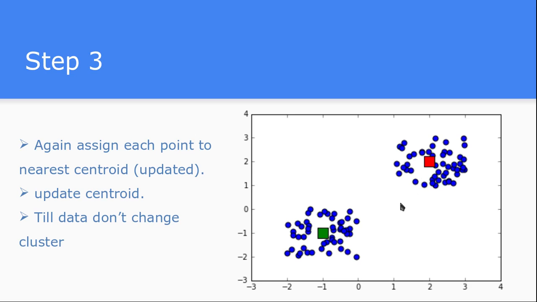In this way we keep shifting the centroid and ultimately it stabilizes when the data has stopped swapping between the clusters. So this green point, which we get after a couple of iterations, or even 50 or 100 iterations, is the representative of this data set.